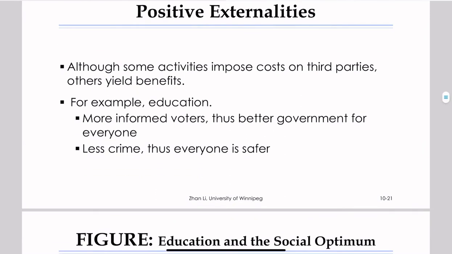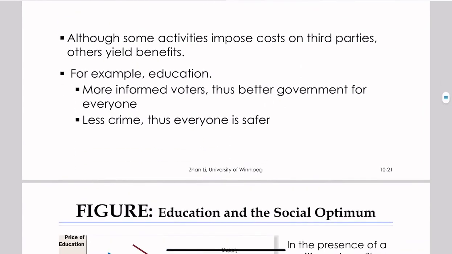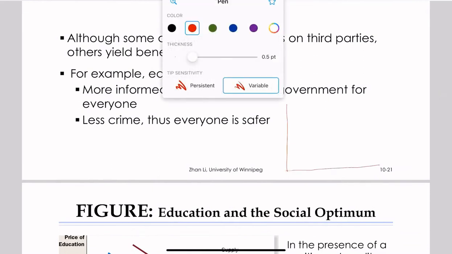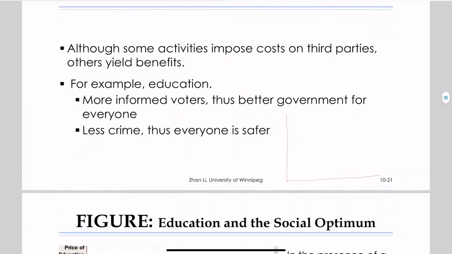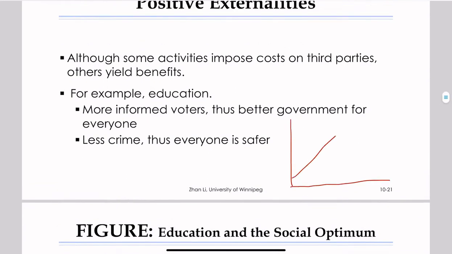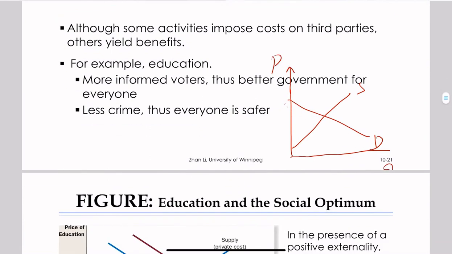So if you draw out this supply and demand curve with positive externality, this D is really the private benefit.